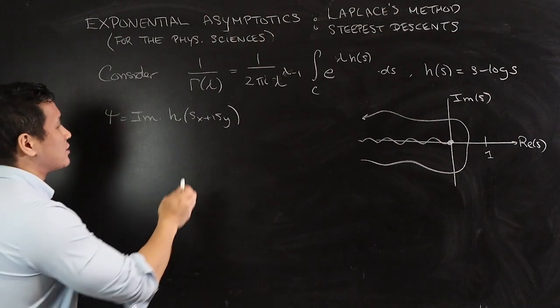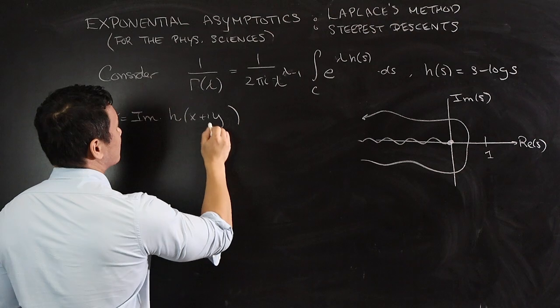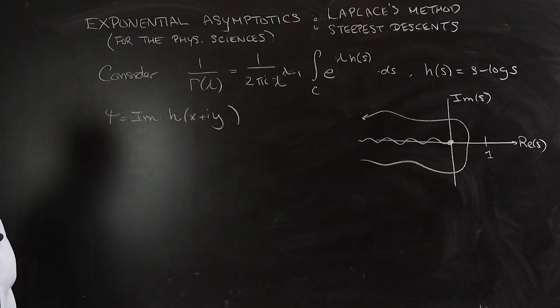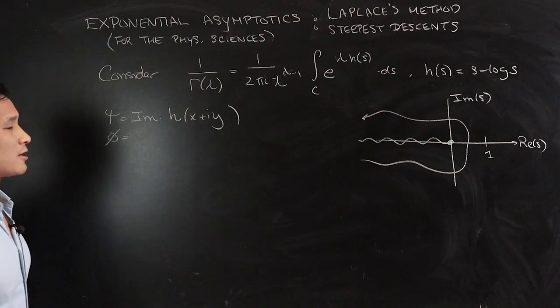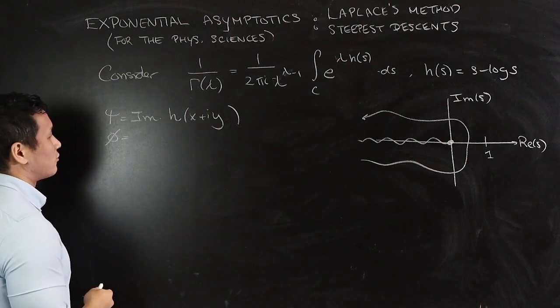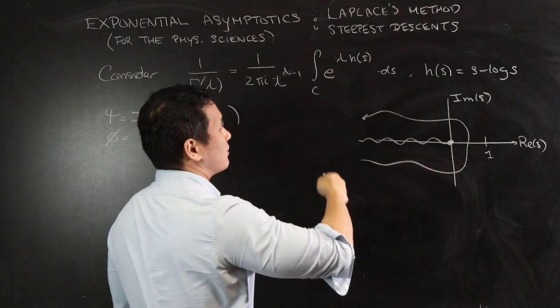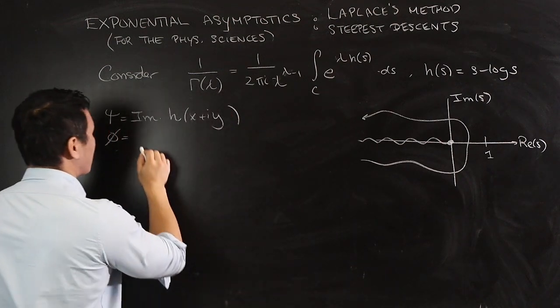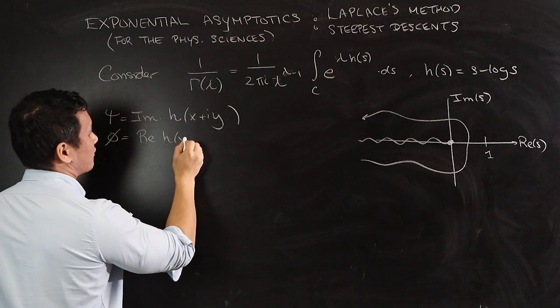So let's use x and y instead, just for simplicity. And remember that psi is the function that you want to make sure is constant along the directions that you want to take. And then phi is the function that determines basically the exponential argument, how big that exponential is. And so in that case, that's just the real part of h of x plus i y.